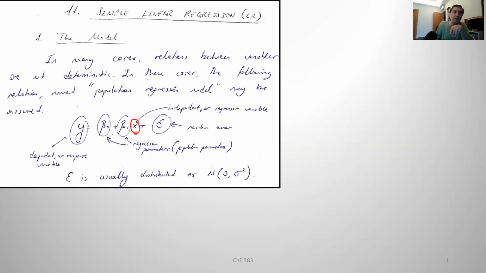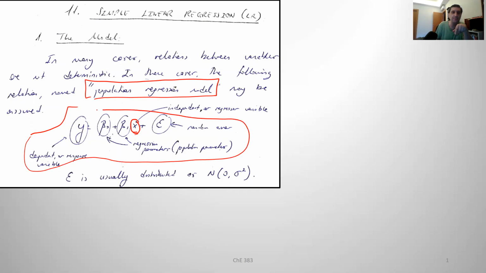The model that I'm going to be interested in is going to be called the population regression model, and will be represented by this equation, where simple corresponds to the single variable, single predictor case, and linear corresponds to linear with respect to parameters.